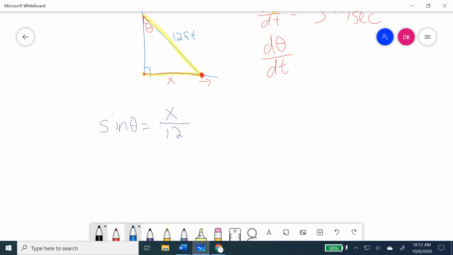Derivative of sine of blah is cosine of blah, and just keep thinking chain rule. Give mommy her baby, multiply by derivative of baby. Then on the other side, you can save yourself some grief if you take 1 over 12 as a constant multiple to the x, and then go, what's the derivative of x with respect to time, dx/dt.